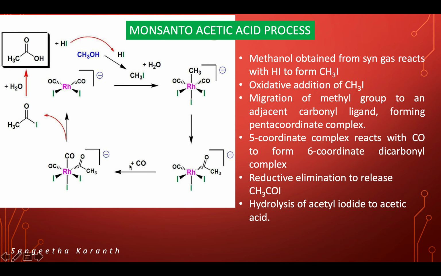Next you have to add one more carbon monoxide so that the 5 coordinated complex is converted into a 6 coordinated complex. Then there is reductive elimination by formation of a covalent bond between this carbon and this iodine so that this molecule is removed. This on hydrolysis will be converted to acetic acid and HI, which will again combine with methanol to give this, so that the cycle will continue.